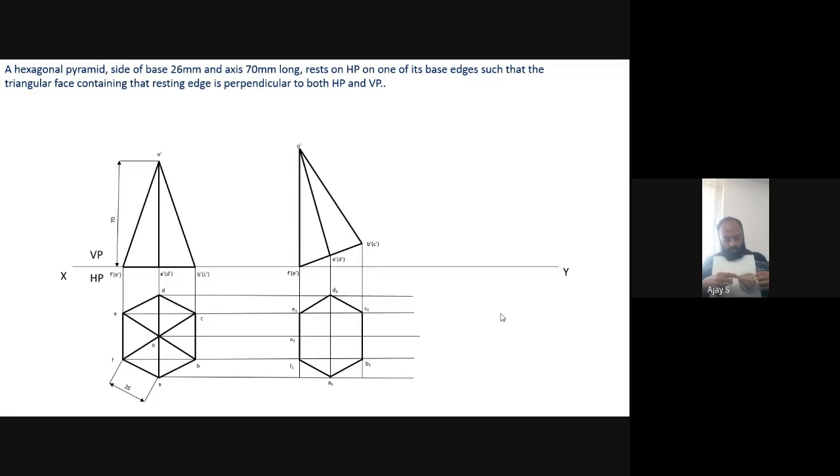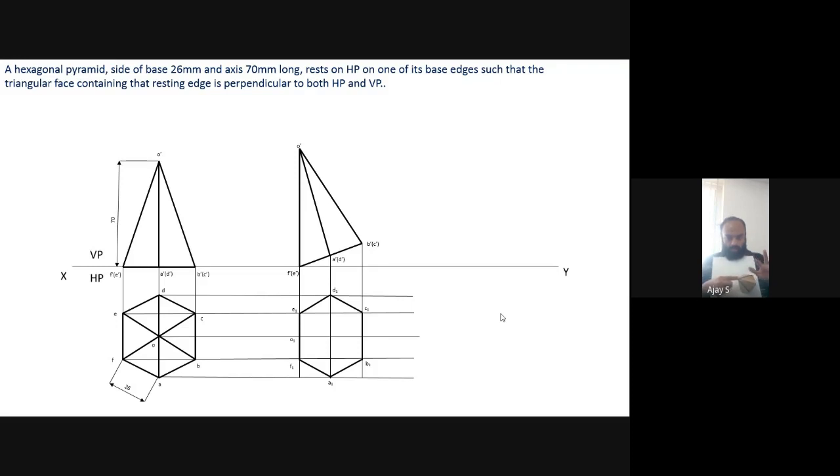If this is the condition, are you able to see the entire base? That is 1, 2, 3, 4, 5, 6. Entire base you are able to see, no?